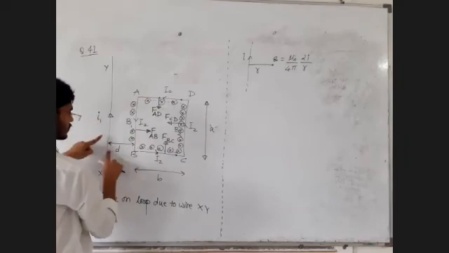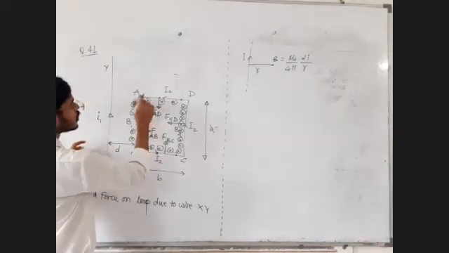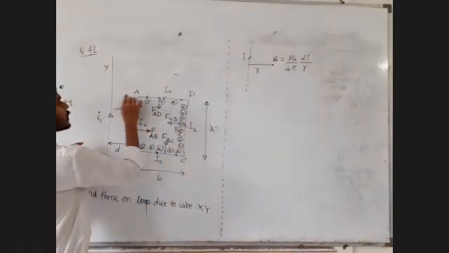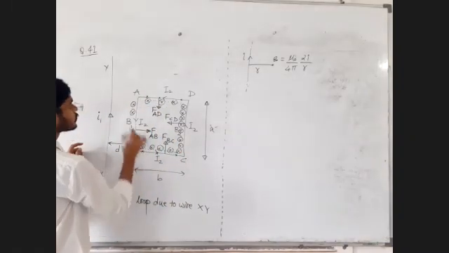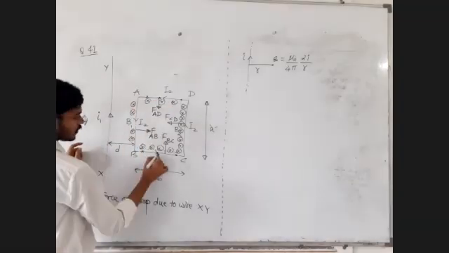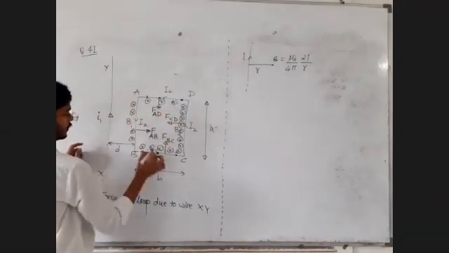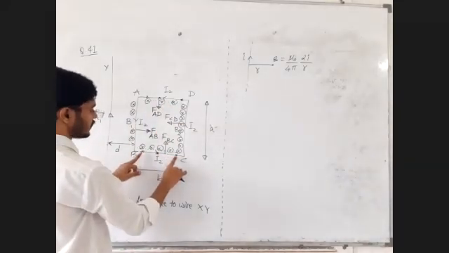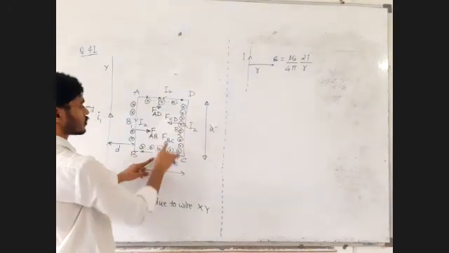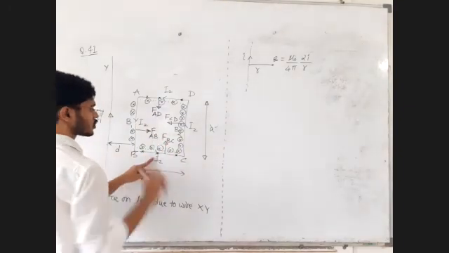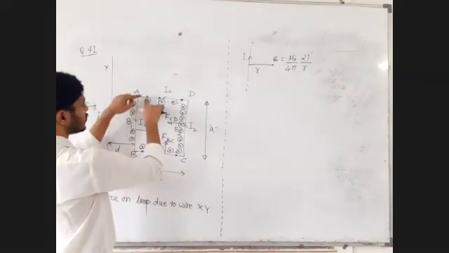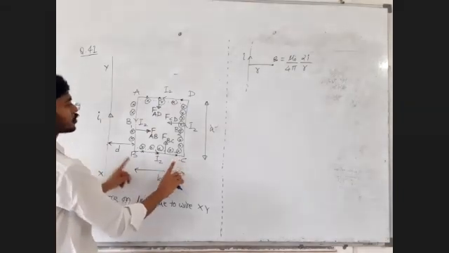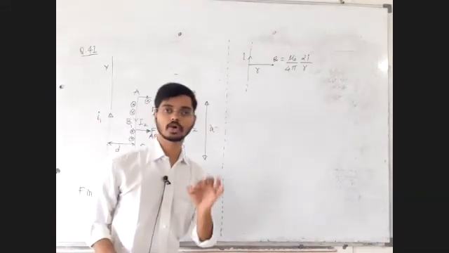So AD wire and BC wire, the equidistant points, the center point and the center point, the end point from the wire and the end point from the wire, there the fields are equal, currents are same, direction of forces are opposite. So 100% we can say individual forces on the wire AD and BC are going to cancel each other. Reply in the chat box, is this thought clear to all of you?